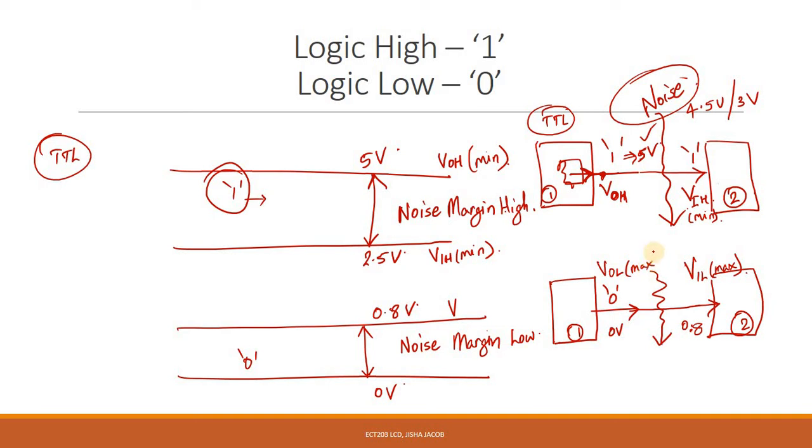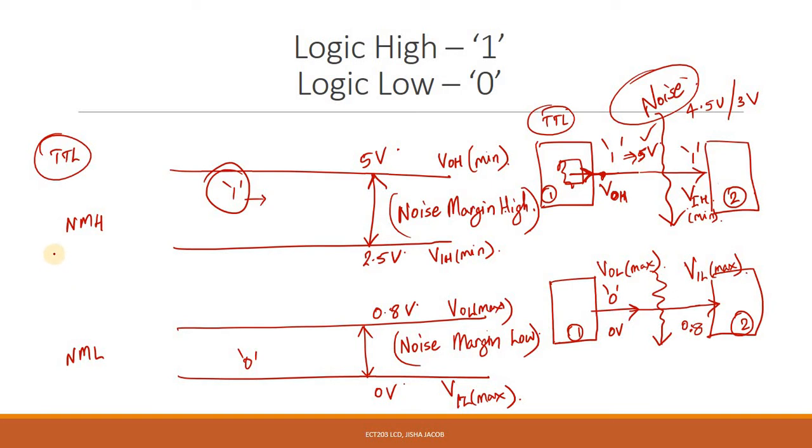So corresponding to logic low or logic 0, it is maximum. So this is VOL maximum and this is VIL maximum. Okay. So this is the noise margin low and this is the noise margin high. Let me call this NMH and this NML.